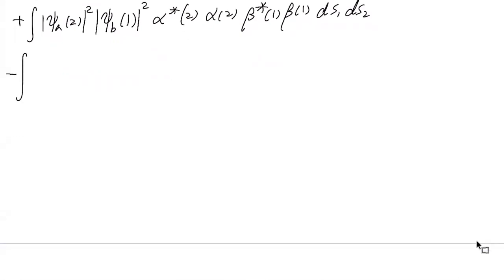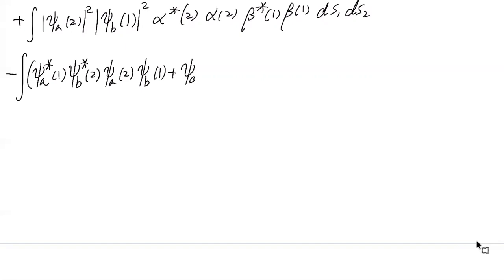That means you will have electron 1 in orbital A and electron 2 in orbital B in one product, and another product will be electron 2 in orbital A and electron 1 in orbital B. So you will have psi A star(1) psi B star(2) psi A(2) psi B(1), plus an antisymmetric term, psi A star(2) psi B star(1) psi A(1) psi B(2).